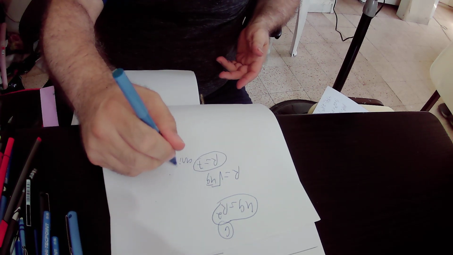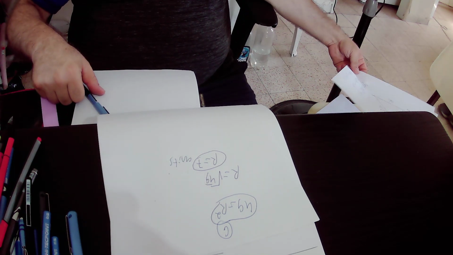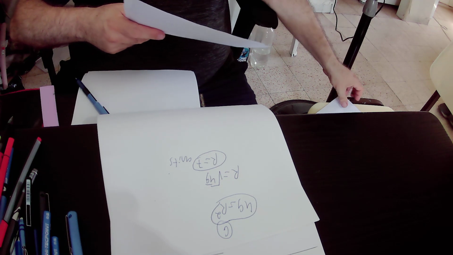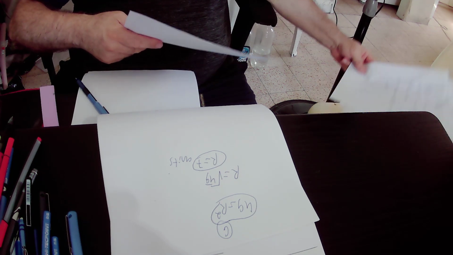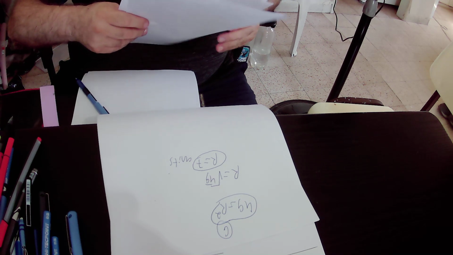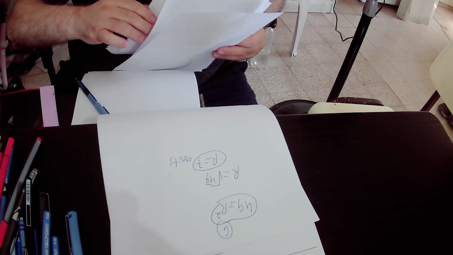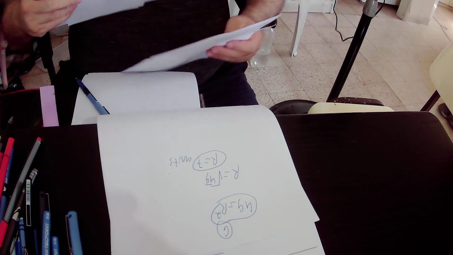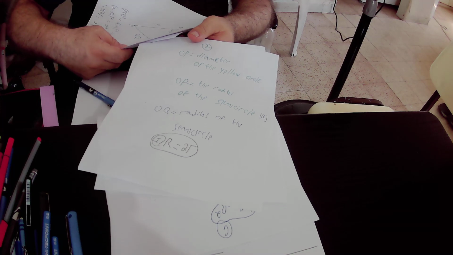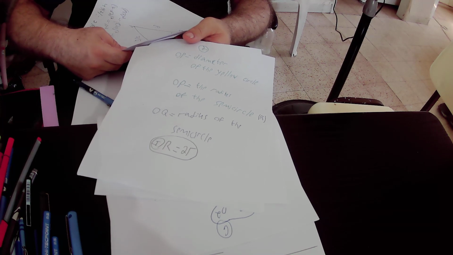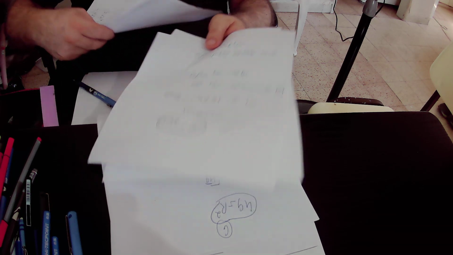Okay, but as you remember, we created equation number 1 that states that capital R equals 2 times small r.